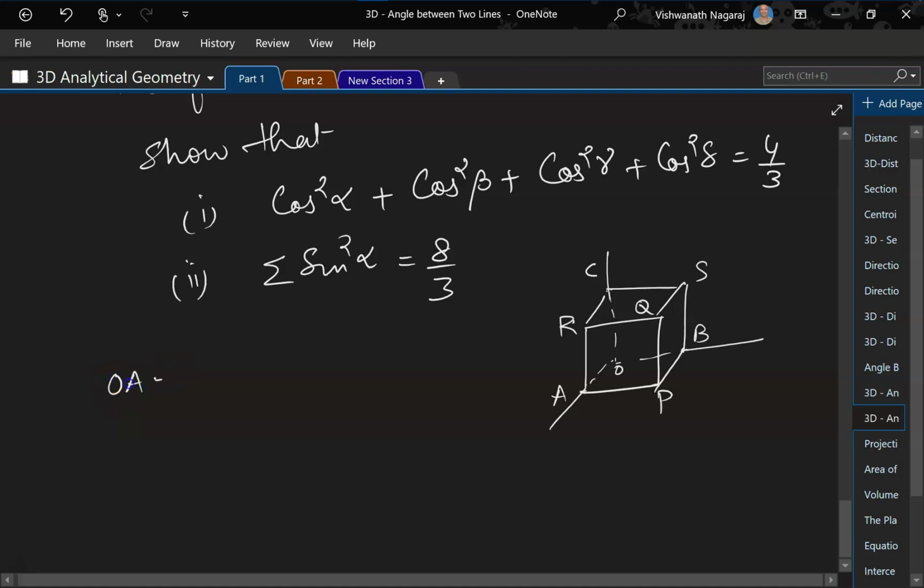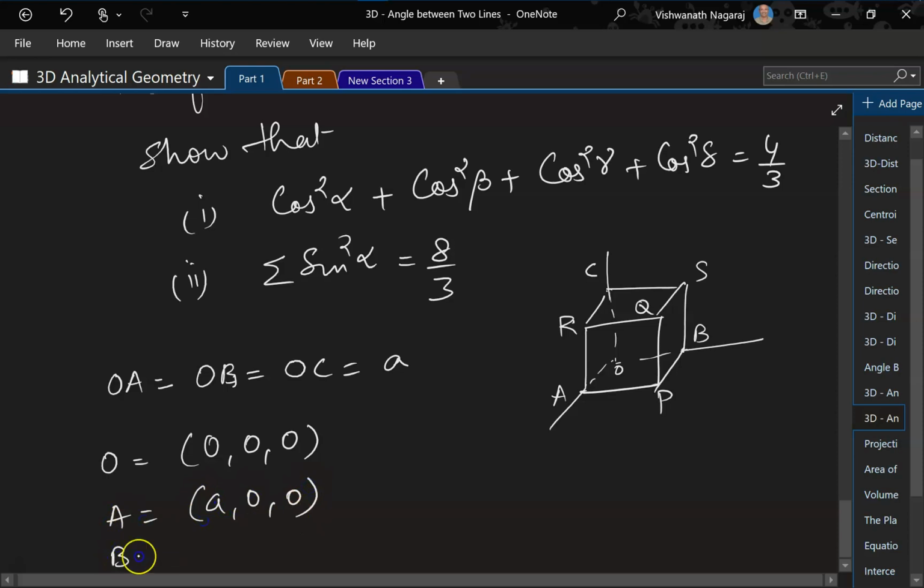So let's say OA is equal to OB is equal to OC is equal to A. So now O is equal to 0, comma 0, comma 0. A is equal to A, comma 0, comma 0. B is equal to, not A, 0, comma A, comma 0.